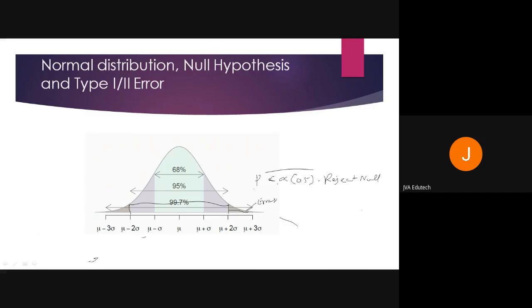Now this 0.05 is nothing but the error estimate. Or you can say if you are keeping the confidence interval as 95%, then your error estimate will be 5%.